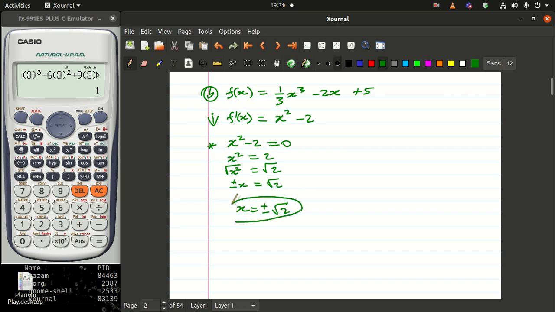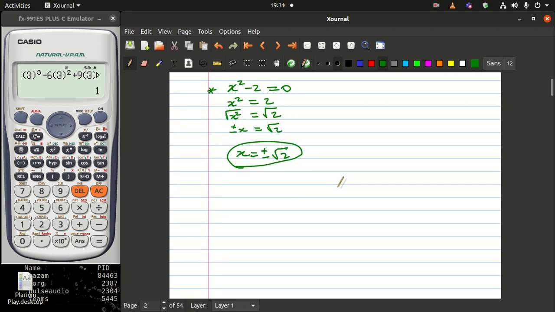So you have two critical points. One is minus square root of 2, and the other is the square root of 2. And this one is defined everywhere, so we don't have any value of x whereby this function is undefined.